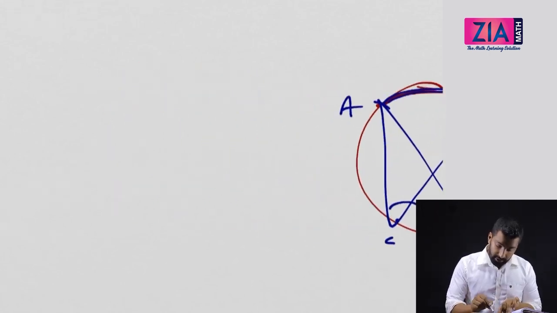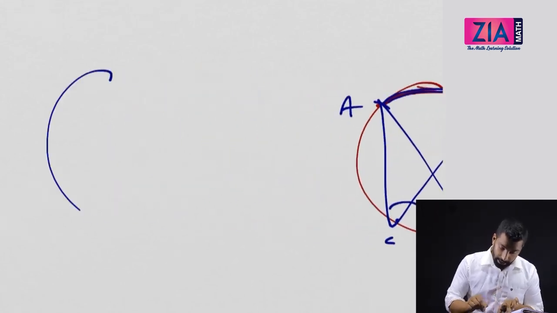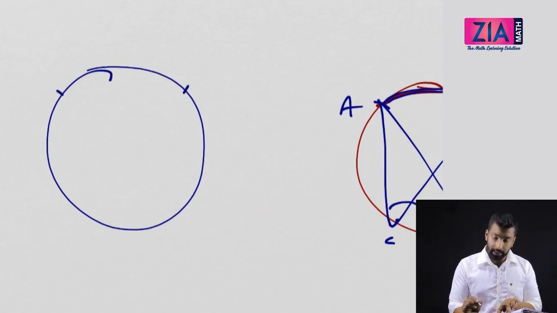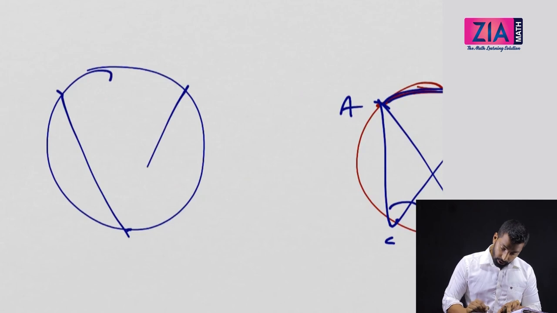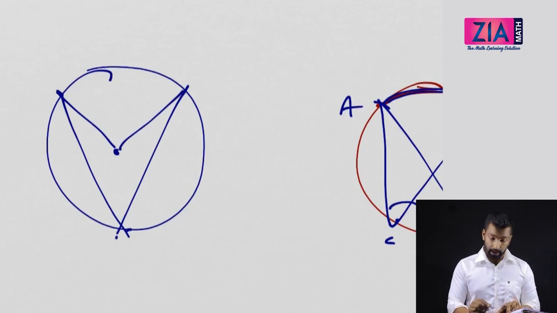Now in the same situation, if you take a different scenario like this, see again, let's take a minor arc. Let's mark a point here. So you got an angle here. Now let's join that with the center also. Okay, so if this is theta, this is 2 theta.